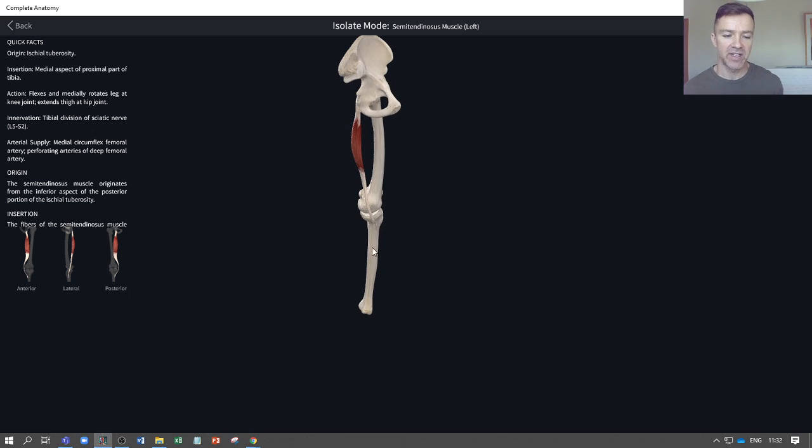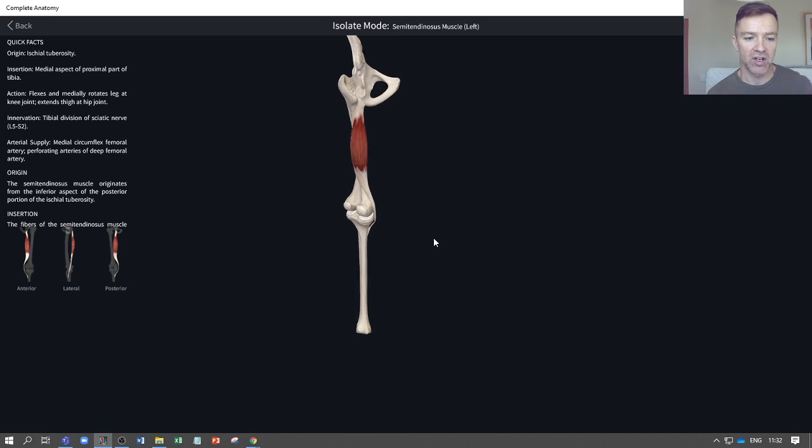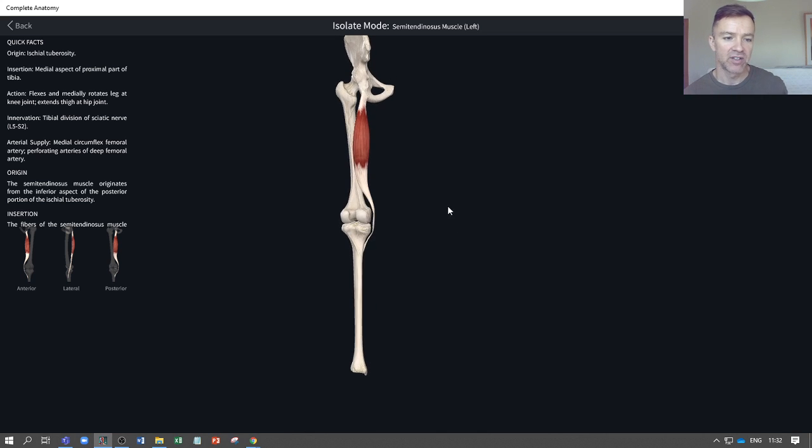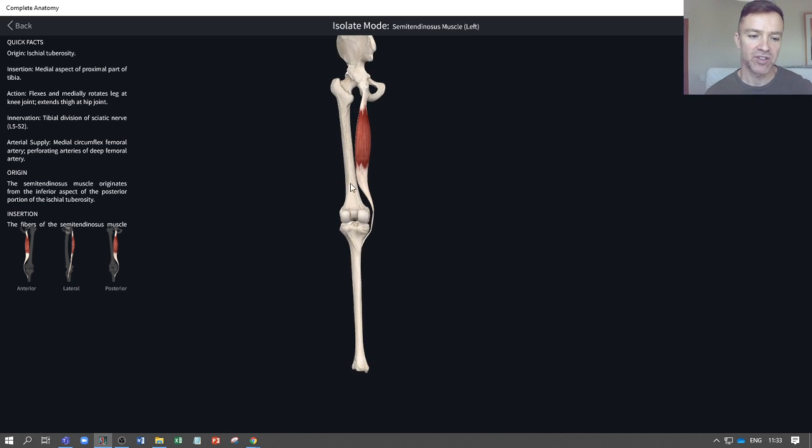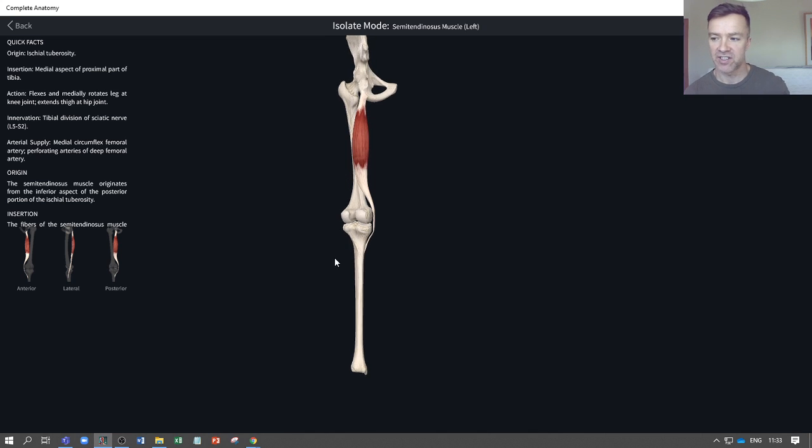The tibia is the larger weight-bearing bone of your lower leg, of your shin. The semitendinosus is involved in flexion and medial rotation of the leg at the knee, and it also extends the thigh at the hip.